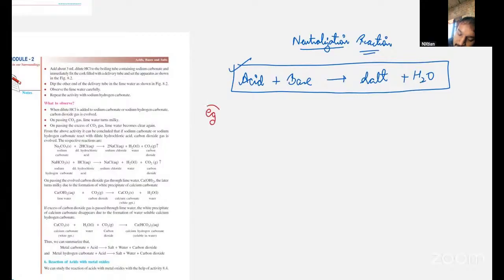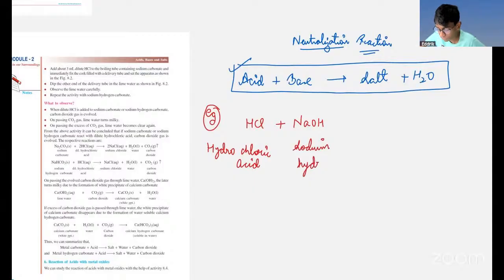See, for example, if I take HCl plus NaOH. HCl means hydrochloric acid, and NaOH is called sodium hydroxide.